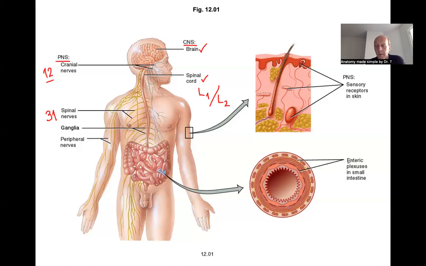Small intestine is known as the enteros, therefore enteric plexuses, bundles and networks of nerves that are seen throughout the walls of the small intestine to regulate movement of chyme through intestinal space, and also to facilitate and modify our absorption rate when it's required.